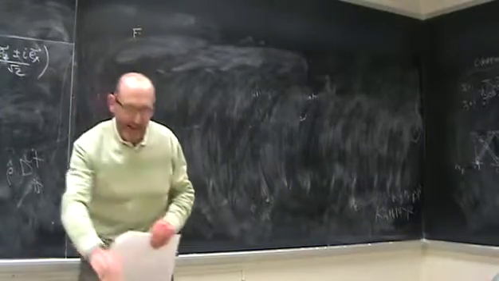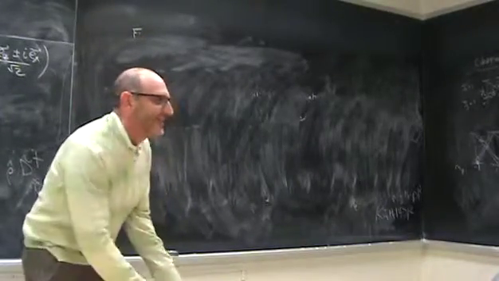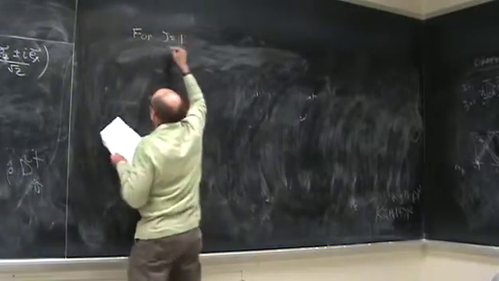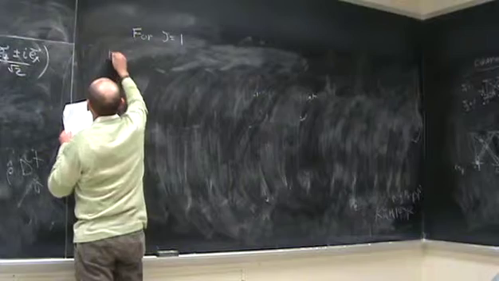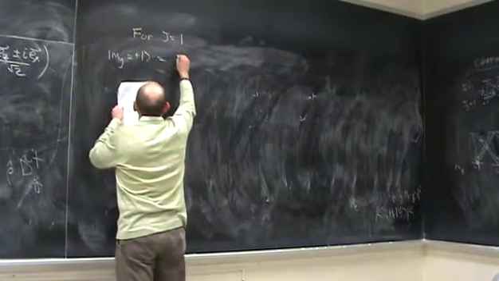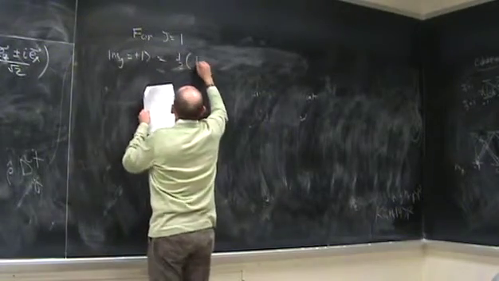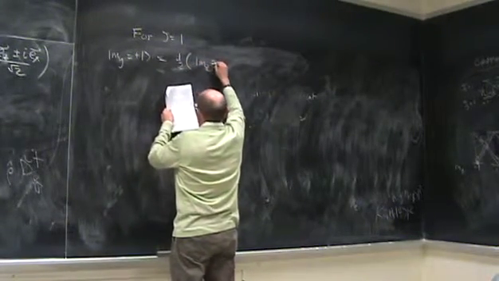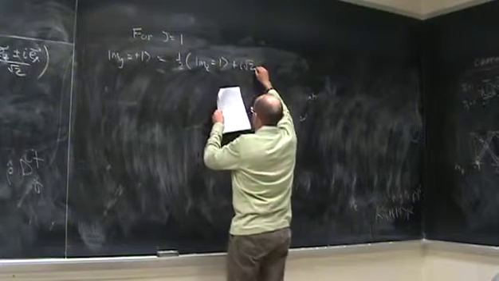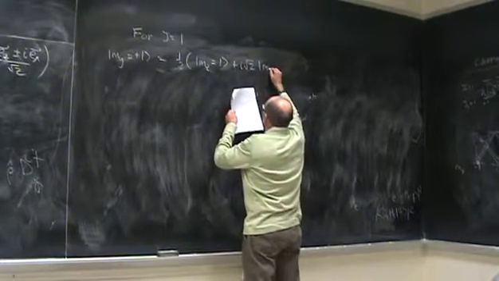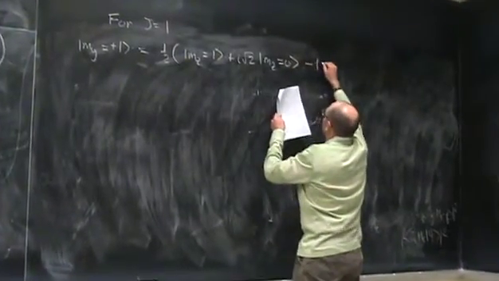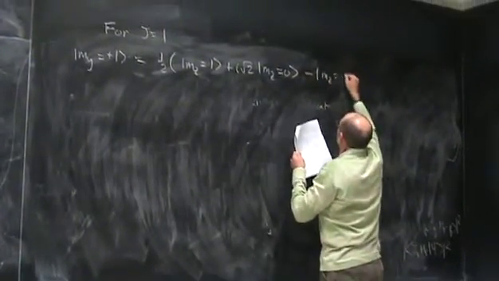I promise that. So my equals plus 1 is equal to a half, mz equals 1 plus i root 2 mz equals 0 minus mz equals minus 1.